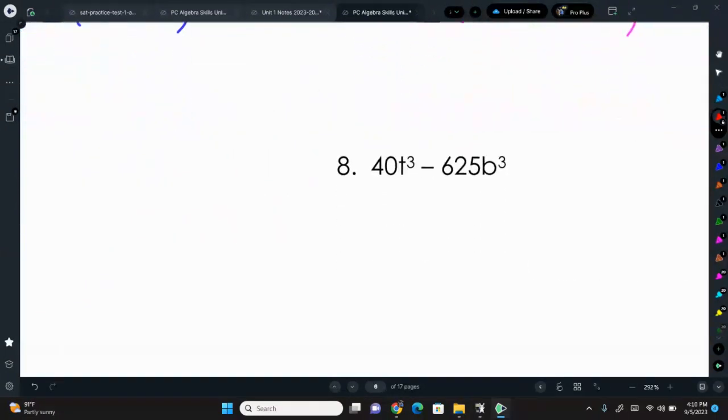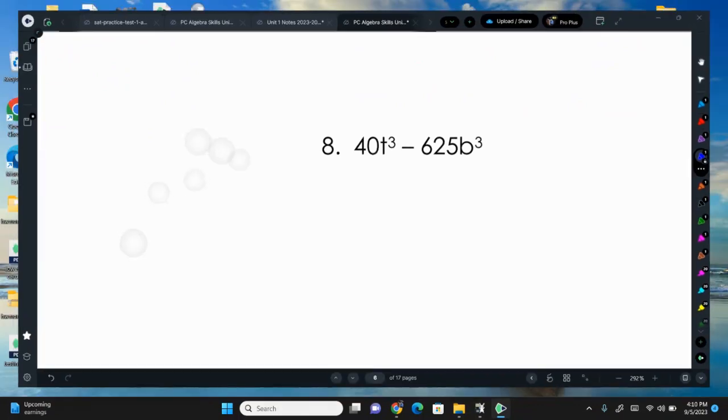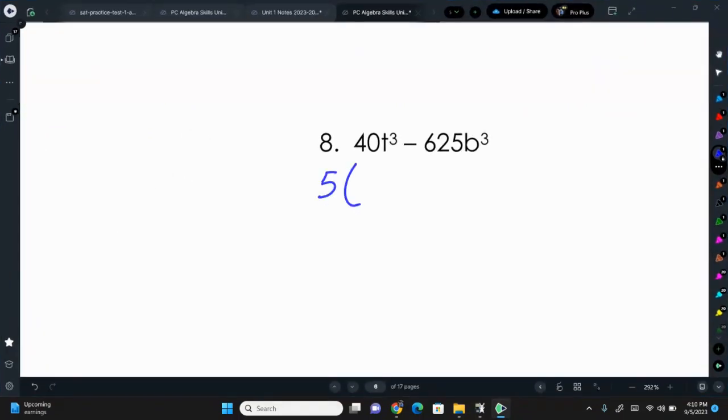All right, number 8. Right now, we can't do much. Let's factor out a GCF. We can factor a 5 out of everything. So 5, and then we'll have 8t to the third minus 125b to the third. So then we want to ask ourselves, can we factor this?